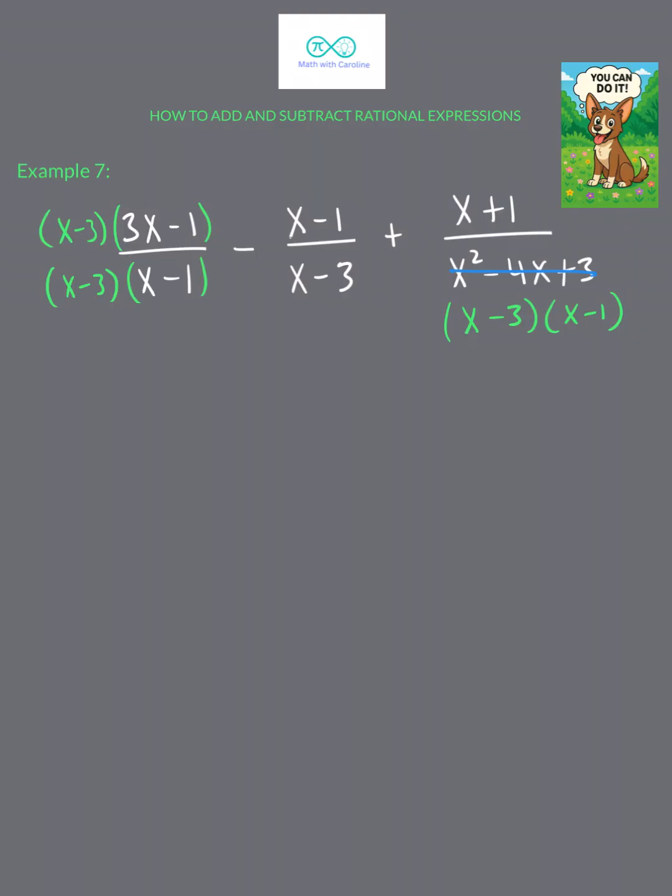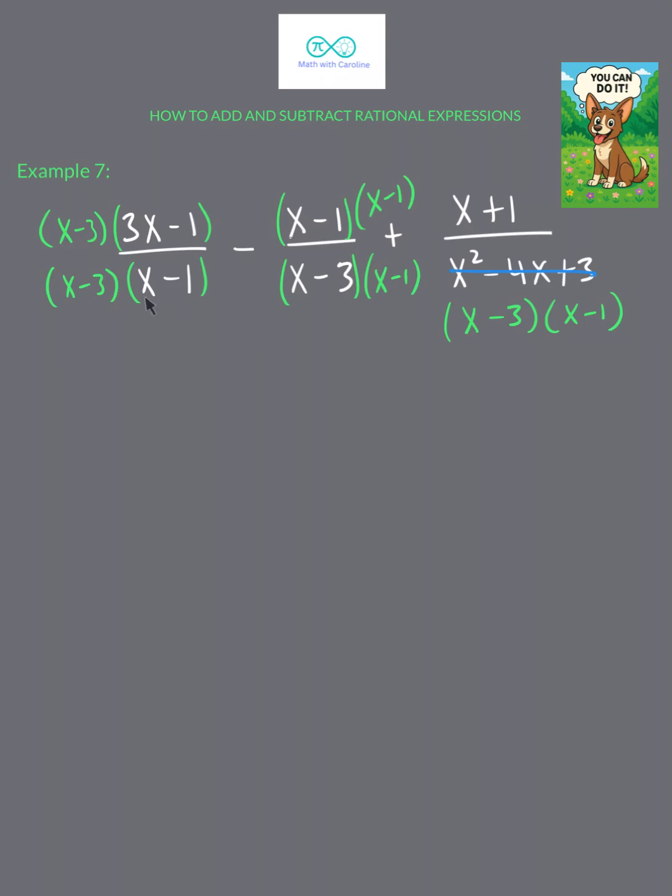And then we're going to need to multiply this second term by x minus 1 so that we will have a common denominator between all 3 terms. The x minus 3 times x minus 1 occurs in the denominator of each term.